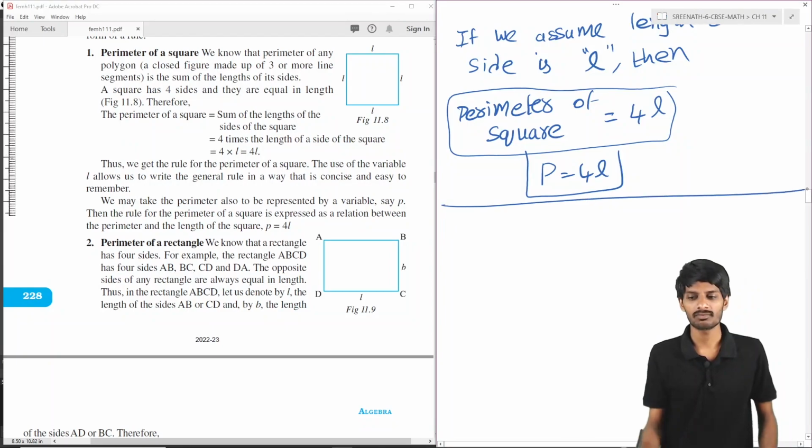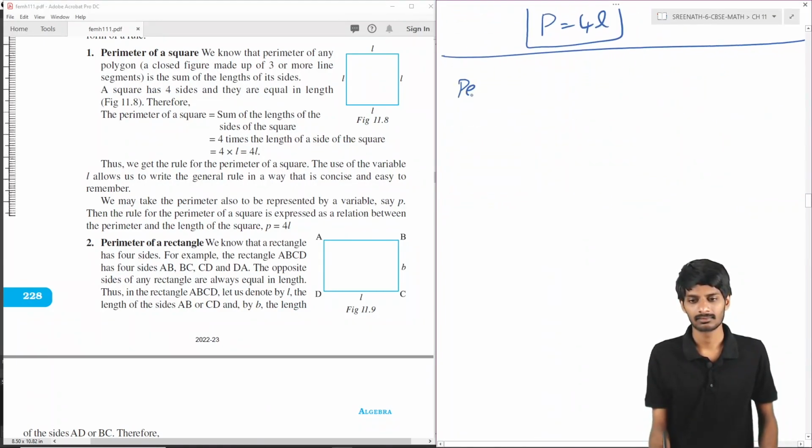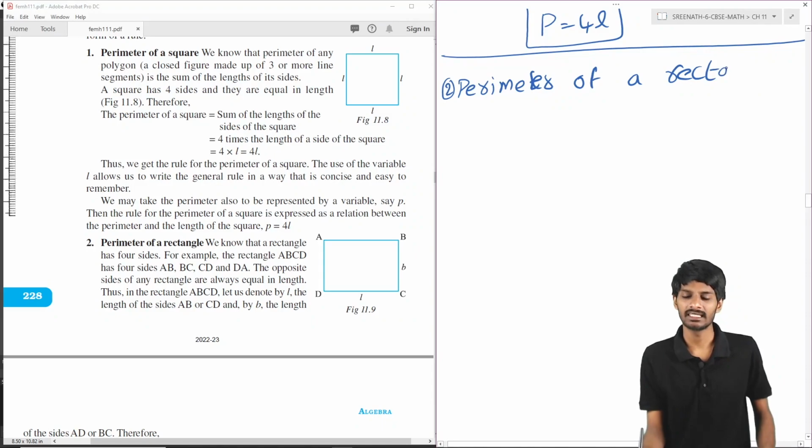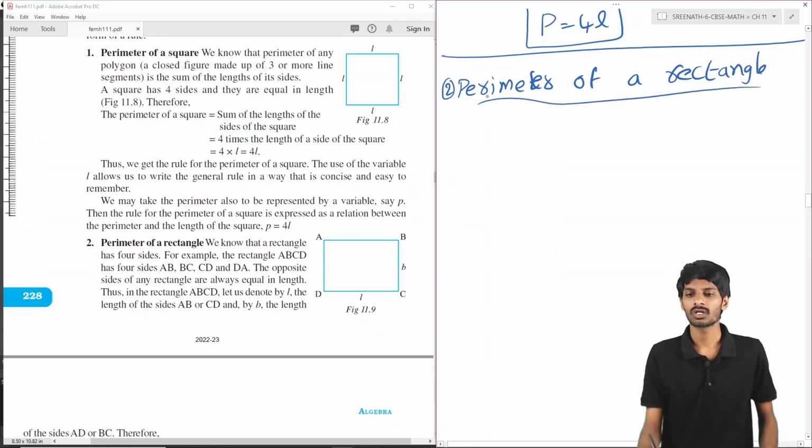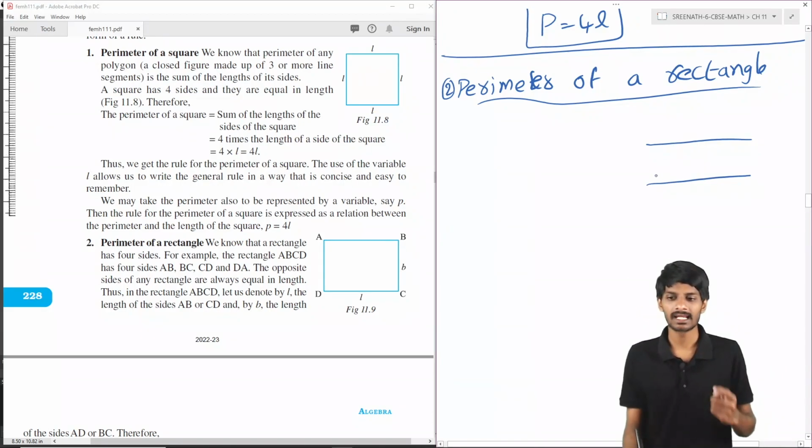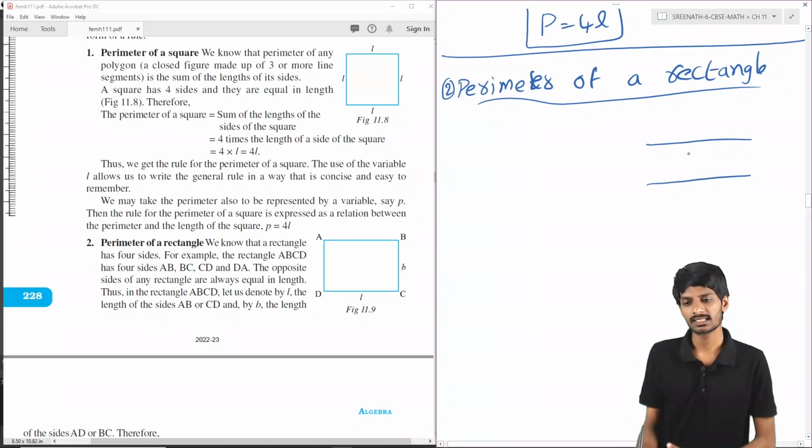Next is the perimeter of a rectangle. It is somewhat similar to this. But in a square, all the sides have equal length. What about the rectangle? In the rectangle, students, opposite side lengths are equal. So this side and this side are equal, and the other two sides are equal.